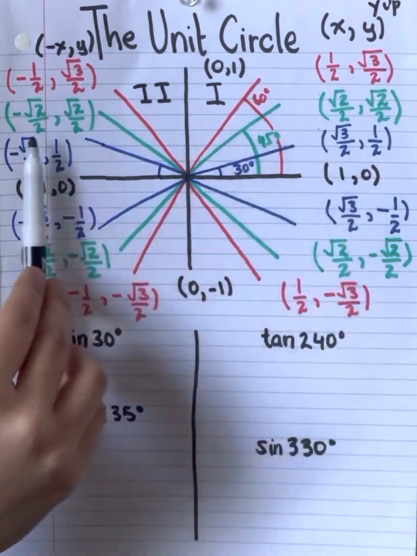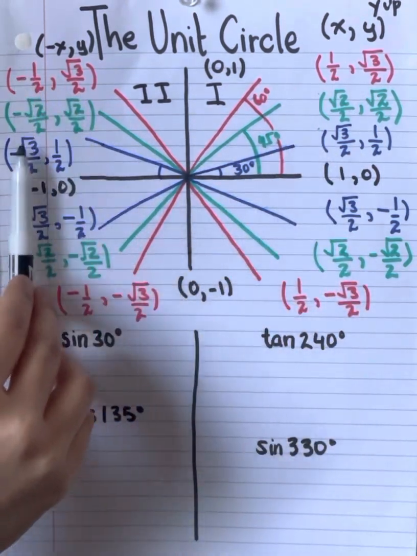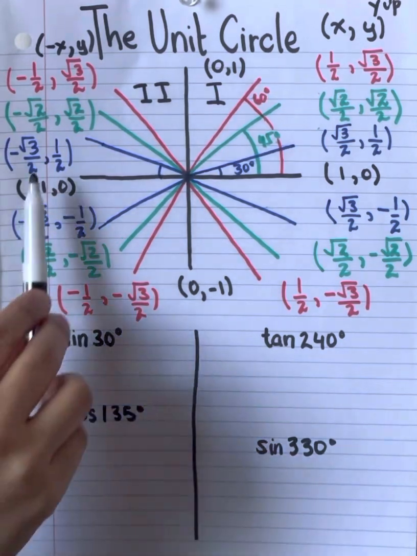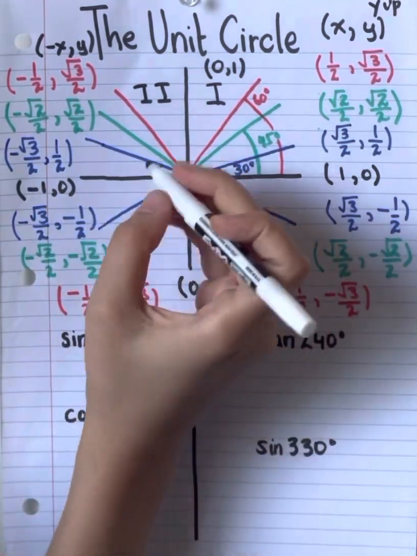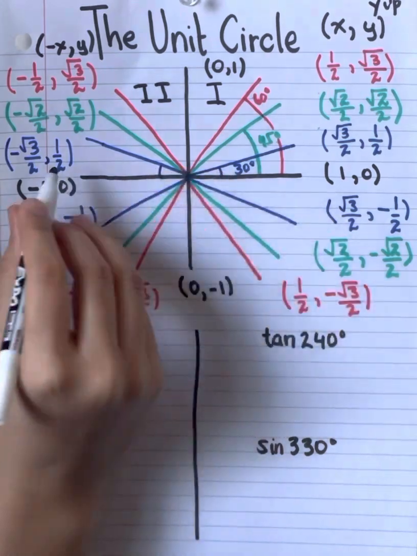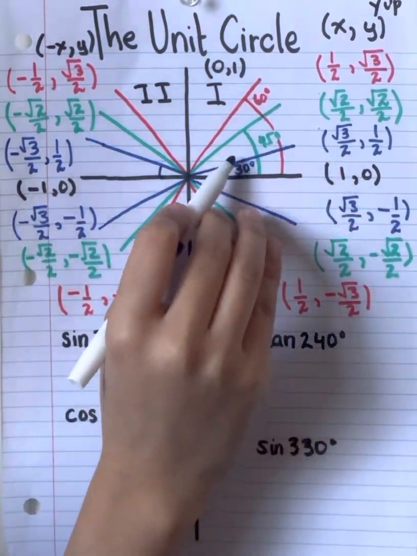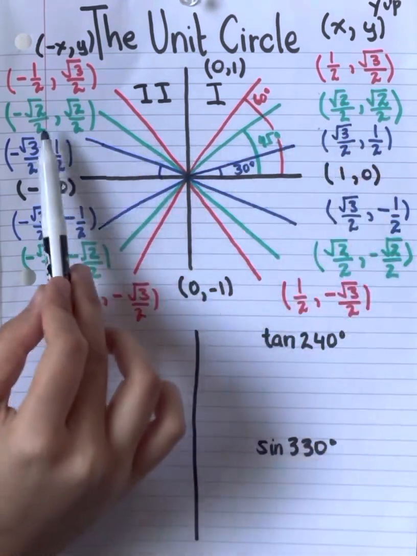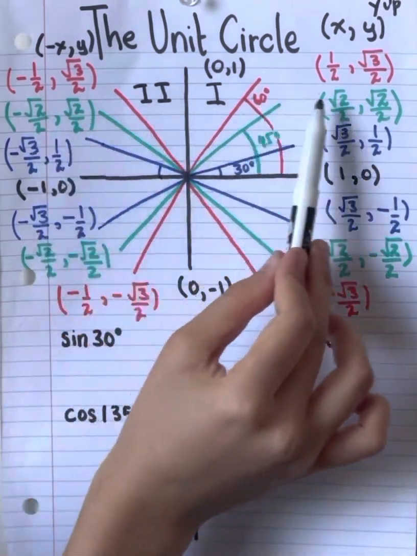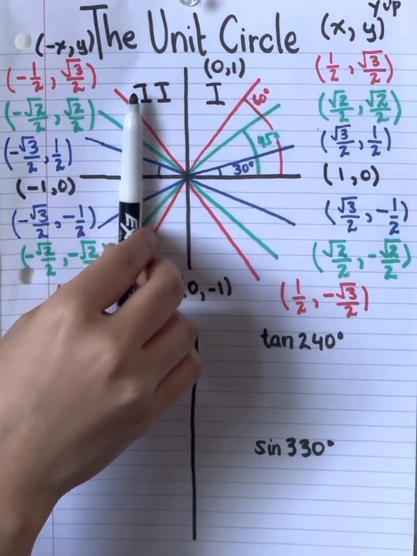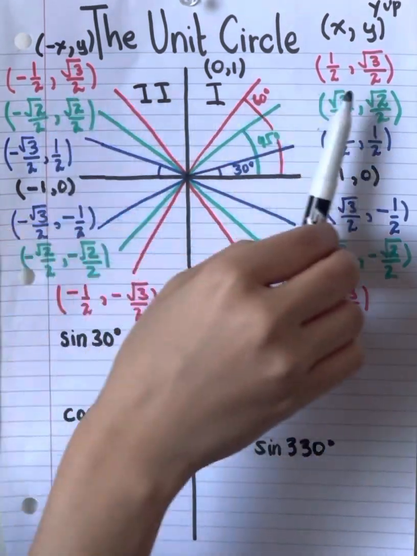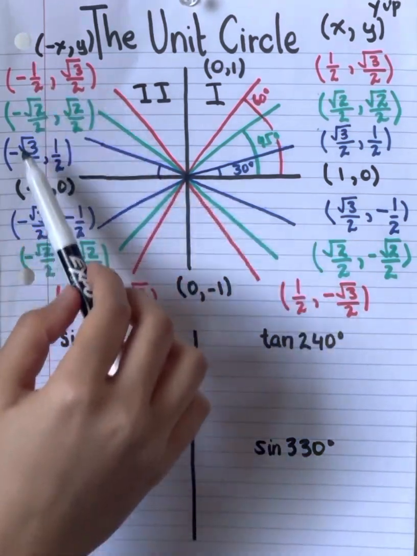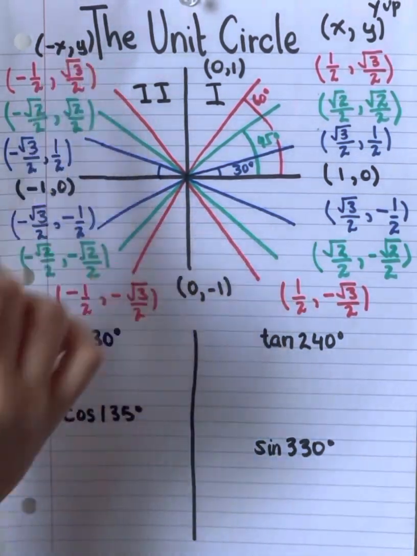They're the same, but they're negative. X is negative, y is positive. But the numbers are the same. So for 30 degrees, it's the same as the 30 degrees in quadrant 1. For 45 degrees, it's the same as 45 degrees in quadrant 1. And in quadrant 2, 60 degrees is the same as 60 degrees in quadrant 1, just with the negative x value. So our x value is negative.